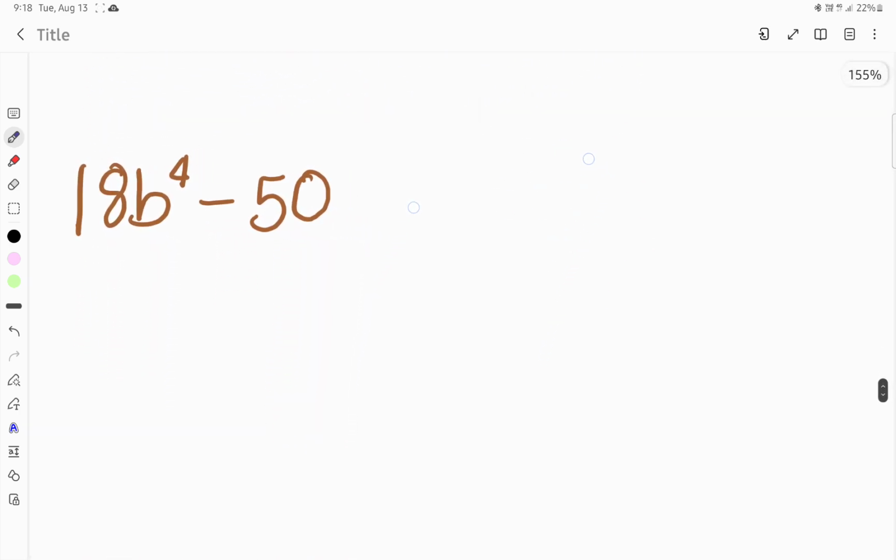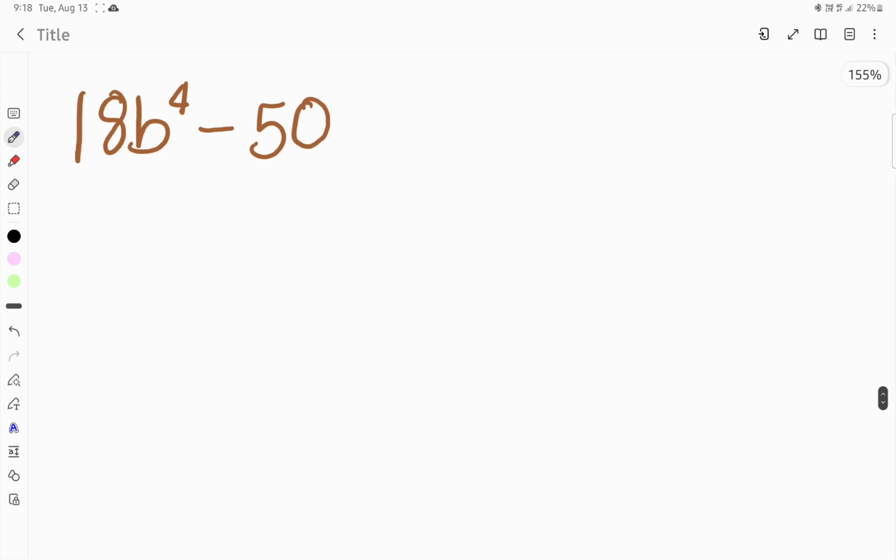This would be 18b to the fourth minus 50. As you can see, we can start with analyzing our given. At first, it's a binomial. That's correct. However, when you analyze this, 18 is not a perfect square and 50 is not a perfect square. However, there is a common factor.